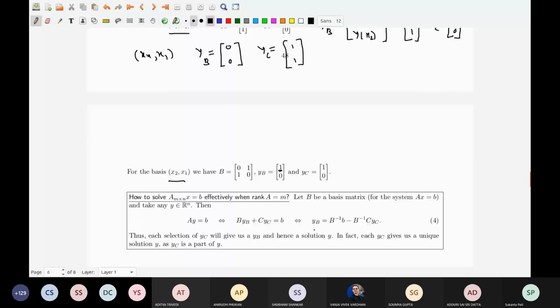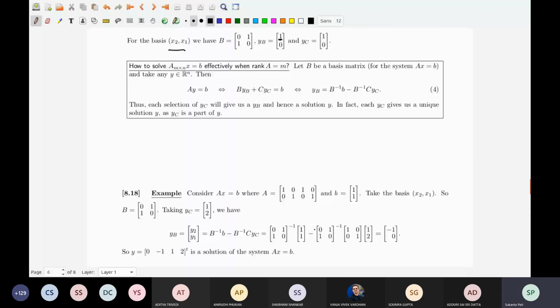How do you solve a system AX equal to b? Like by Gaussian elimination. But you can also solve it a little more effectively if I know that A has rank m. A is m by n and has rank m.